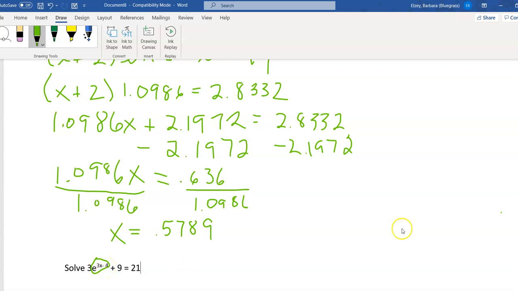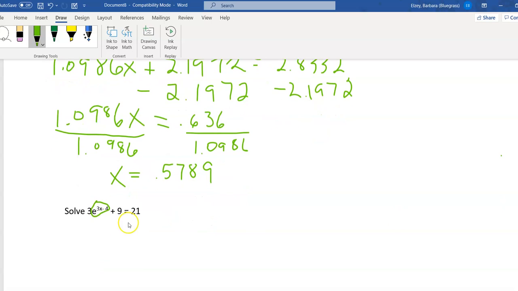So we need to get that by itself. So let's first subtract 9, and we'll have 3e to the 3x minus 4. And then 21 minus 9 is going to be 12.